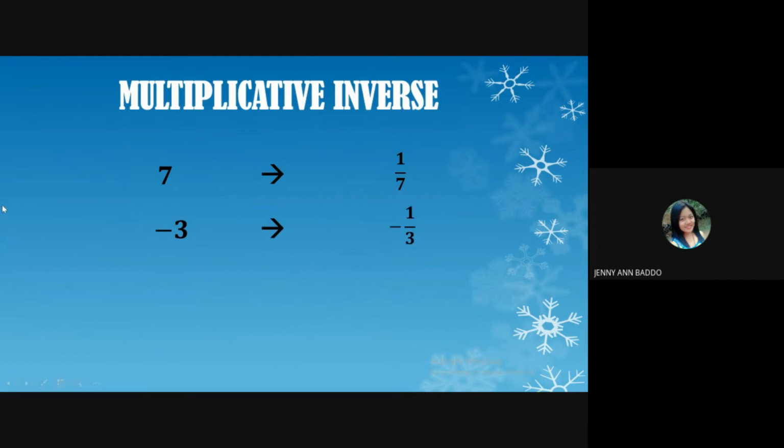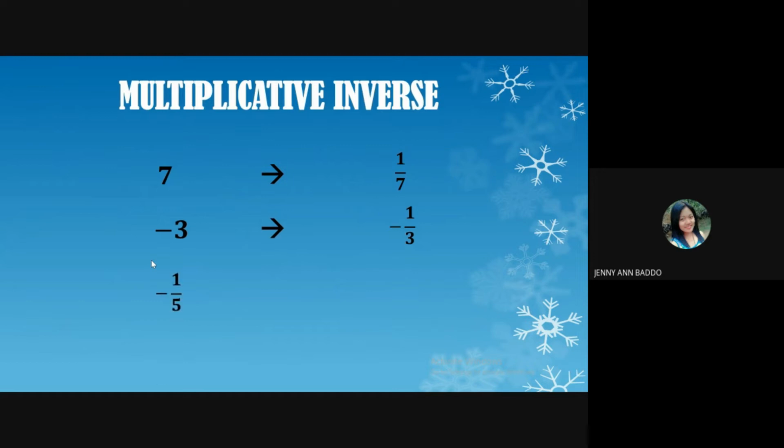So if you're going to observe, if the given number is positive, its multiplicative inverse should also be positive. If it's negative, then it should also be a negative multiplicative inverse. And it is simply the reciprocal. When we say reciprocal, you just have to interchange the numerator and the denominator.